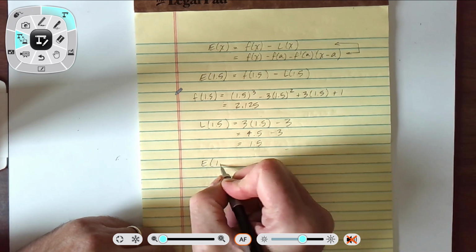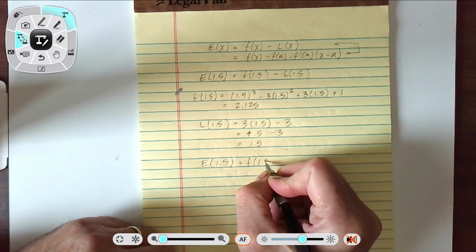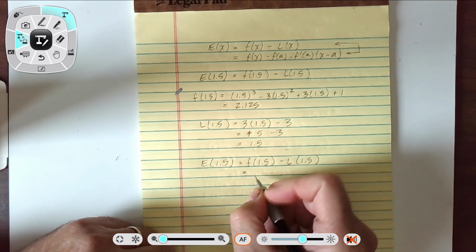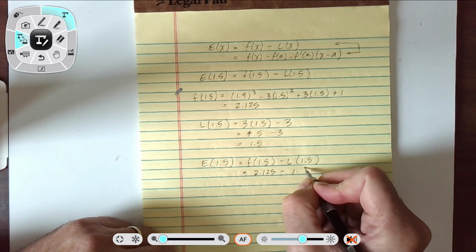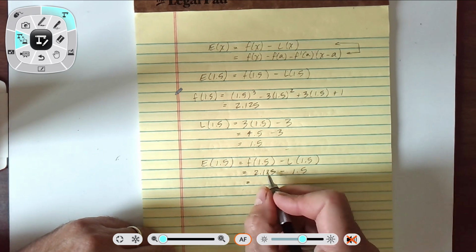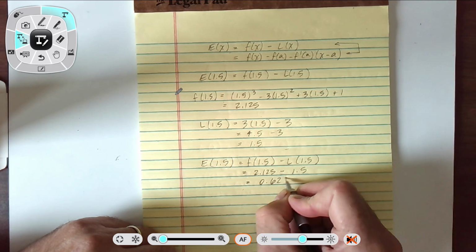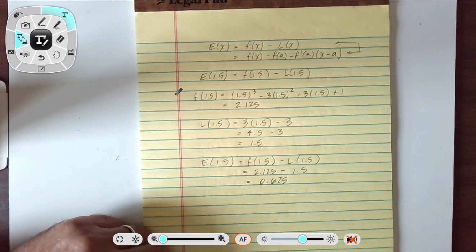So error at 1.5 using the local linearization is just f of 1.5 minus L of 1.5. So it will be 2.125 minus 1.5, which is 0.5 plus 0.125, so 0.625 is the error associated. So we're about a little over half a unit off from the function's predicted value using the local linearization.